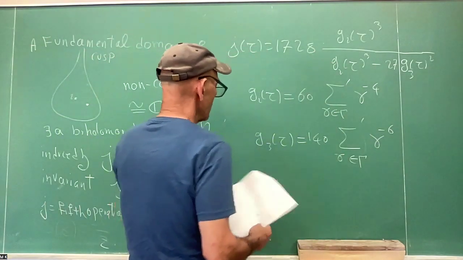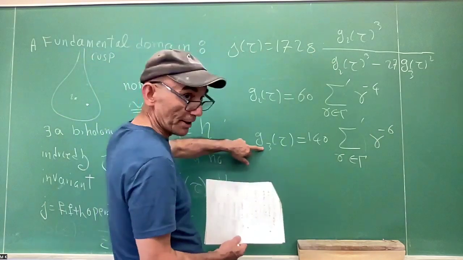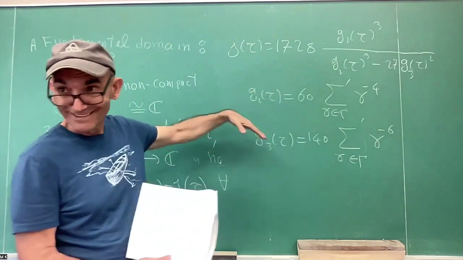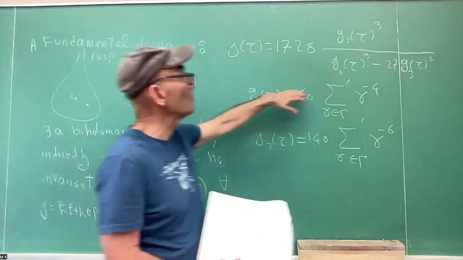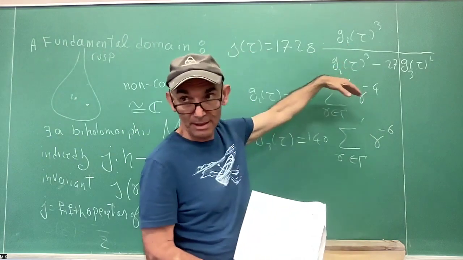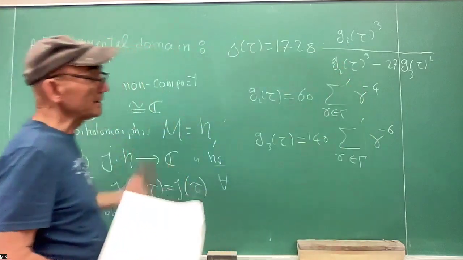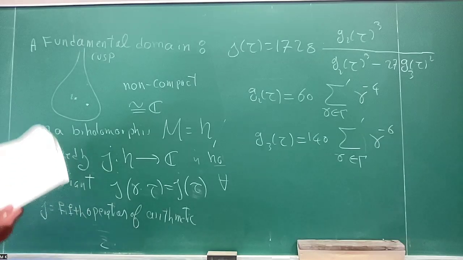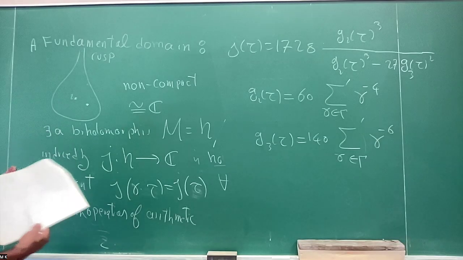So you see, this guy is not invariant. This guy is also not invariant. But when you divide, they have the same degree in the numerator and denominator, so you do get an invariant thing. And this invariant is holomorphic, is never zero, and is the most beautiful object you can imagine.